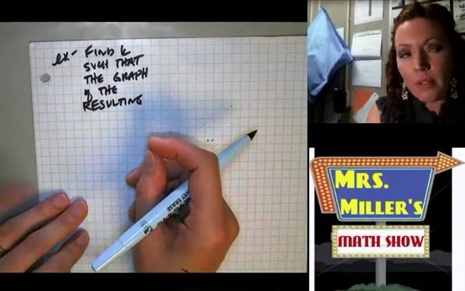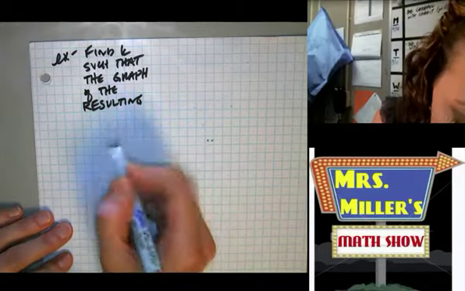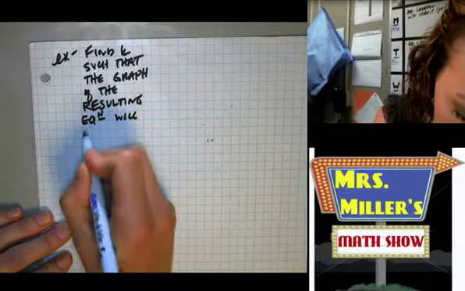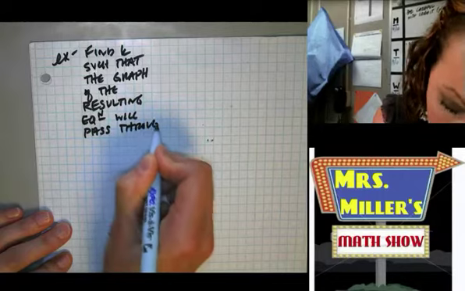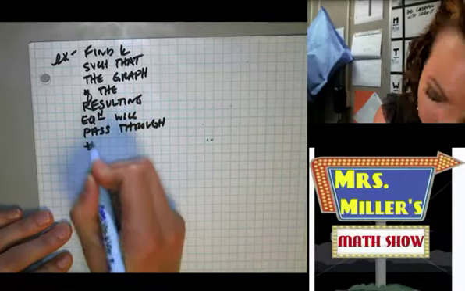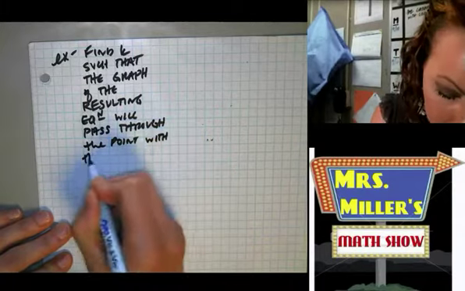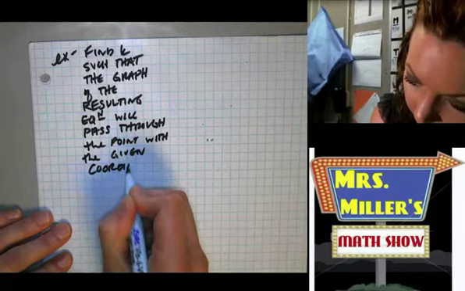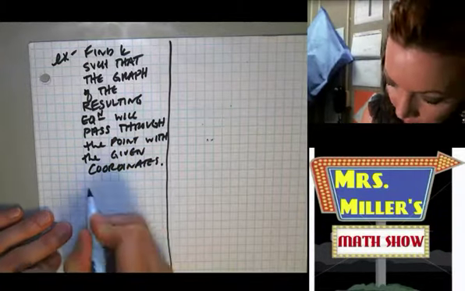But, okay. Find k such that the graph of the resulting equation will pass through the point with the given coordinates. Okay. So this sounds really long and complicated, and I'm going to show you that it's actually super easy and really fast.